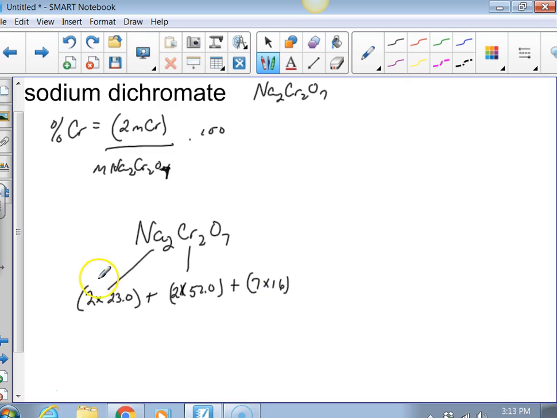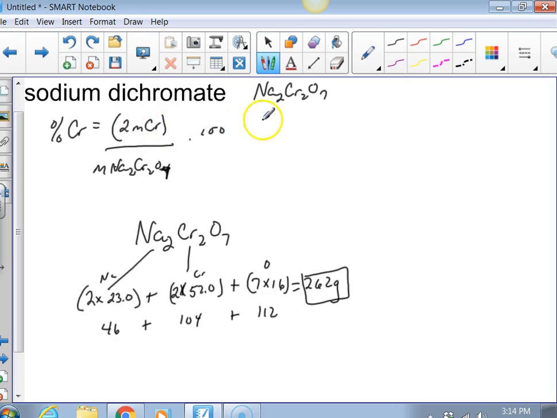So 2 times 23 is 46, plus 2 times 52 is 104, plus 7 times 16 is 112. So 112 plus 104 plus 46 comes to 262 grams for the entire compound.